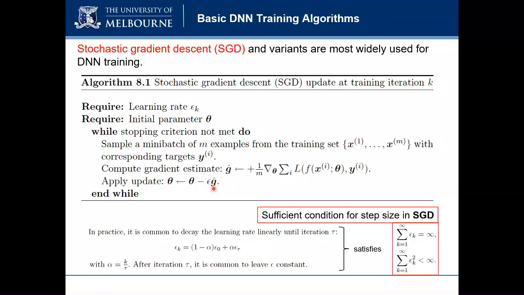So what people commonly do, and I wanted to put this additional small note there, is decrease it linearly, for example, a nice decreasing rate. You don't decrease epsilon over n, but you do it with a different decreasing curve here. And this satisfies our sufficient conditions for the step size.